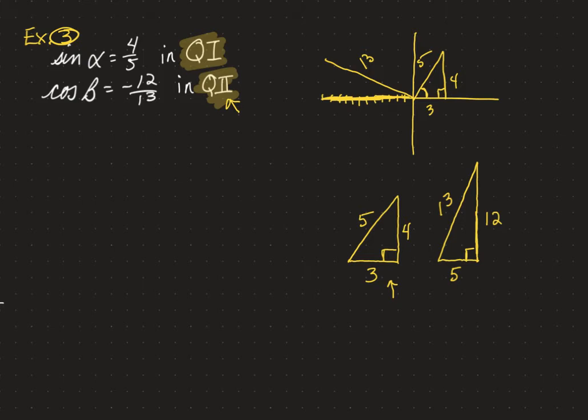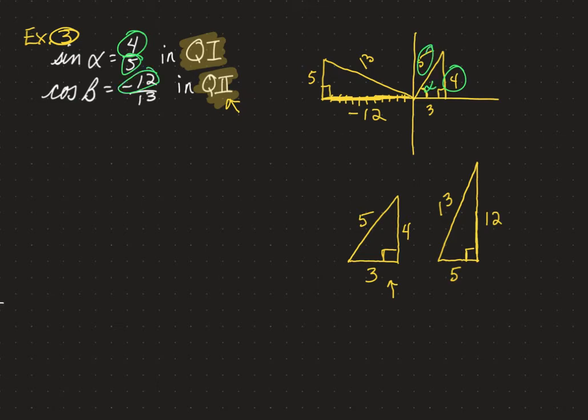So if you have memorized this special triangle, and you know this is a length of 12, it's in the negative direction, and you have a hypotenuse of 13, then you have another special triangle. You can go ahead and fill in what's missing. Okay, notice they gave us the 4 and the 5 for alpha.